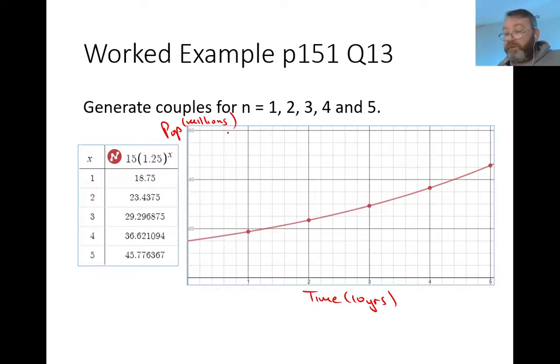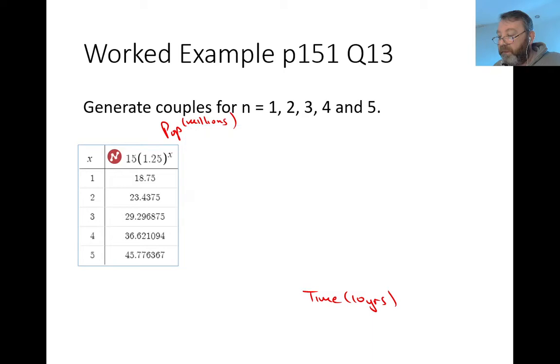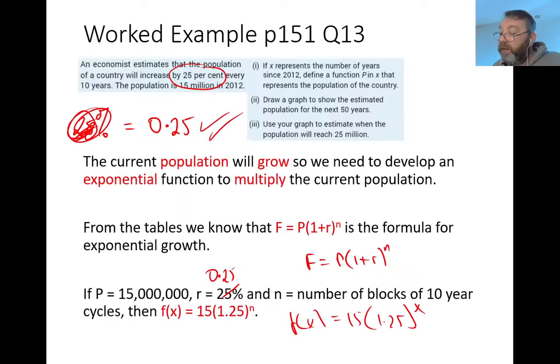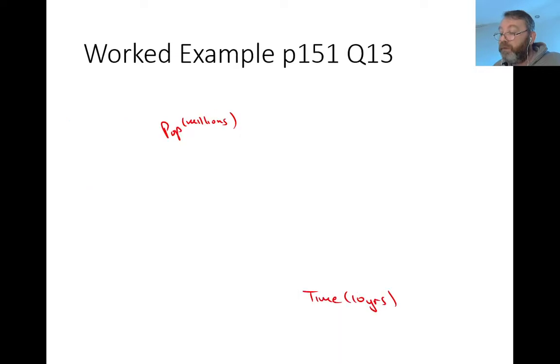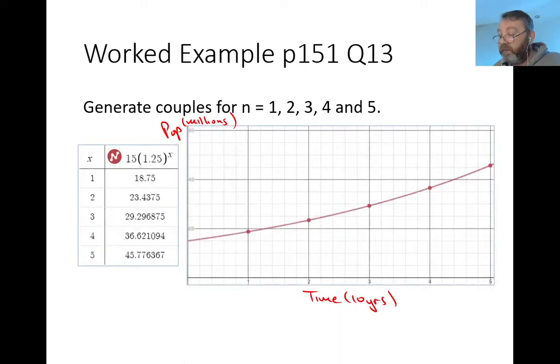And what did the question ask me in the previous one? It asked me about something at the end of that. It says, use your graph to estimate when the population will reach 25 million. First of all, where is 25 million? There's 20, there's 30, so that must be 25. So I run across until I hit the graph, and I drop down.